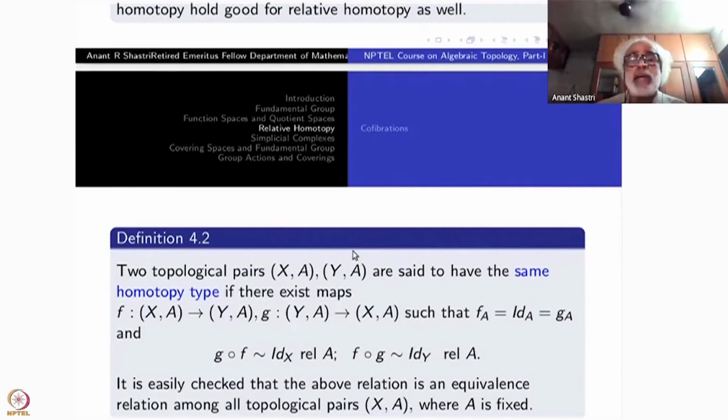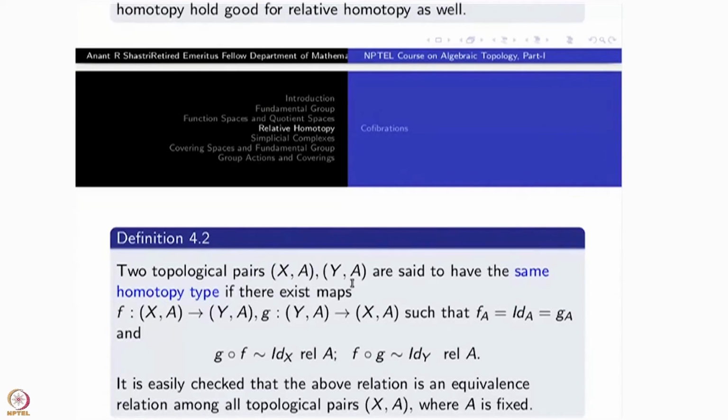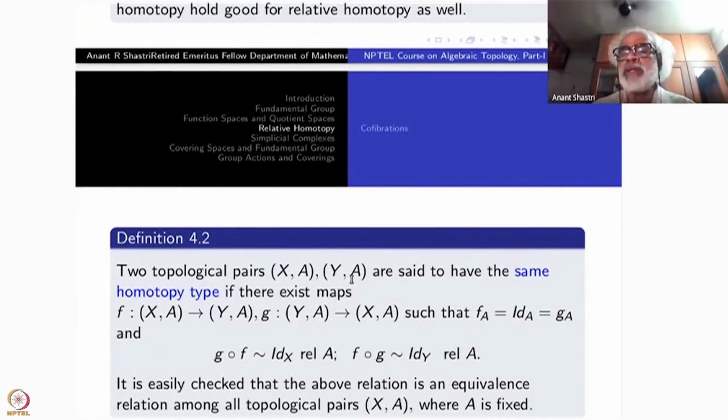Here you take a pair (X, A), meaning A is a subspace of X, and Y should be another topological space, and B should be here instead of A. Take B to be a subspace of Y. It should not be too restrictive: the same A need not be a subspace of both X and Y. In general, by a pair of topological spaces, we mean a topological space and a subspace. The second entry must be a subspace. That's all.